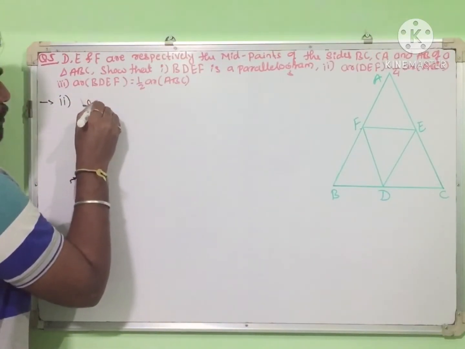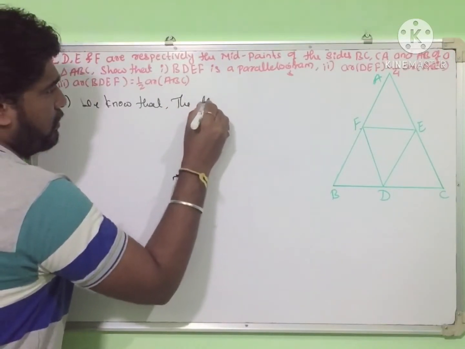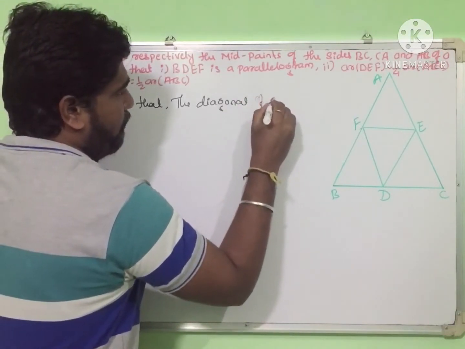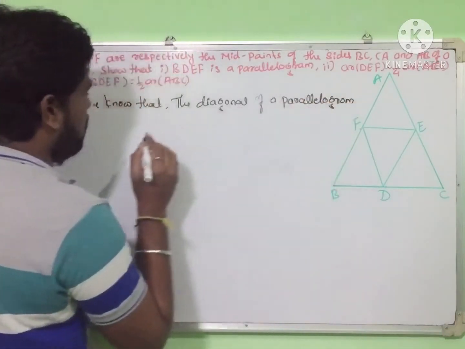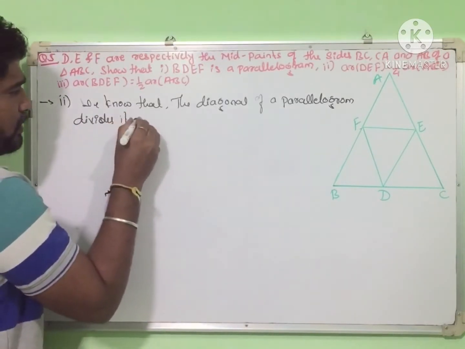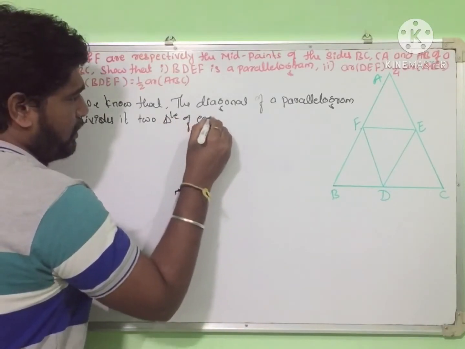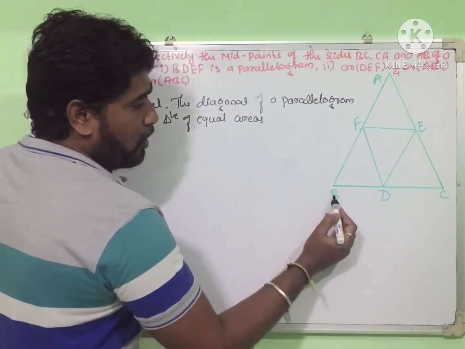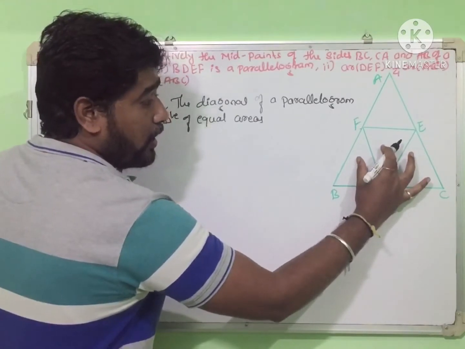So here in parallelogram BDEF, the diagonal FD divides it into two triangles. So these two triangles are equal in their areas.